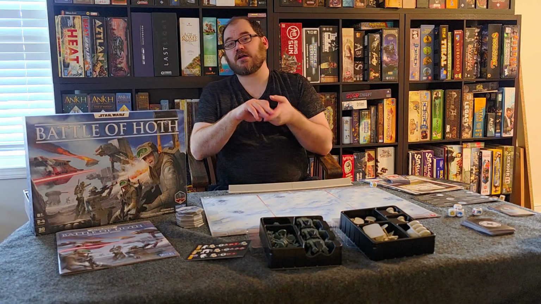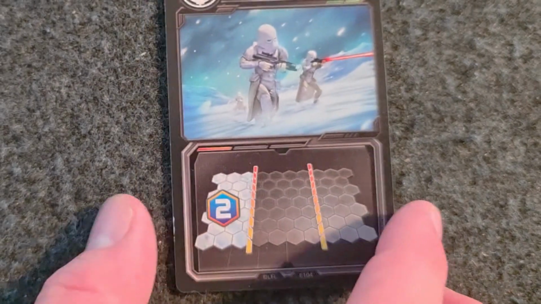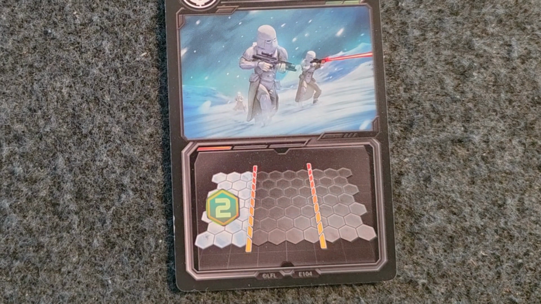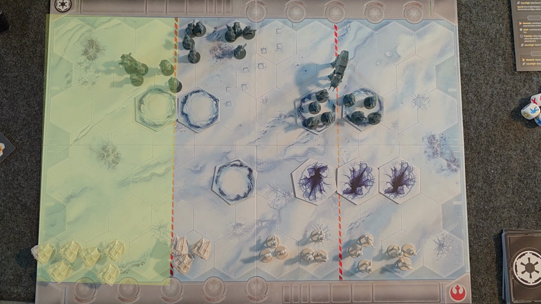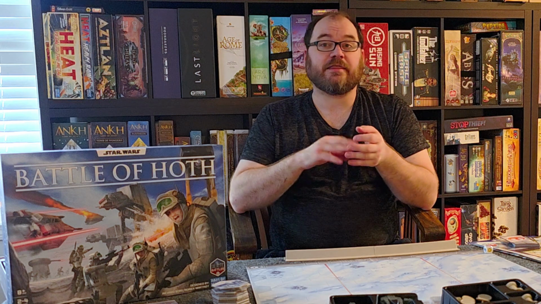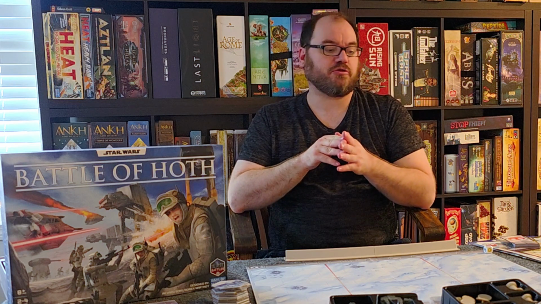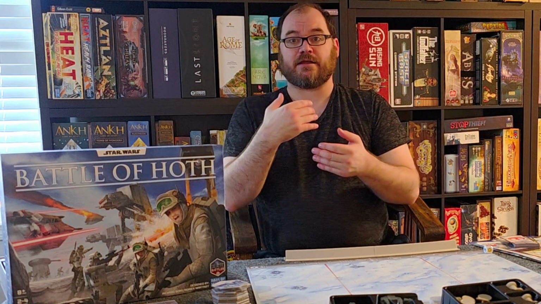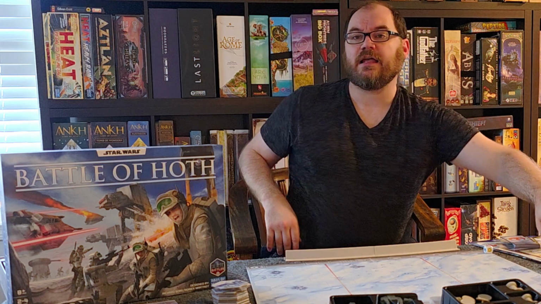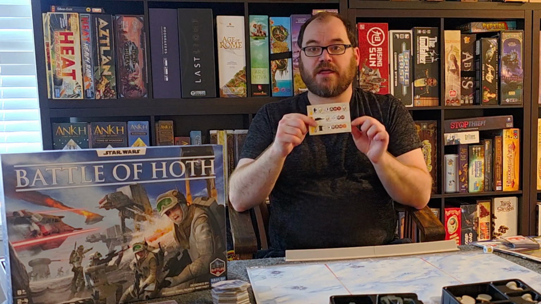A turn consists of playing a command card, activating the designated number of units in the designated sector, or at least as many as you want up to that number of units, and then drawing a card. When you activate a unit, you get to move and attack. How a unit moves and attacks is designated by your player aid.